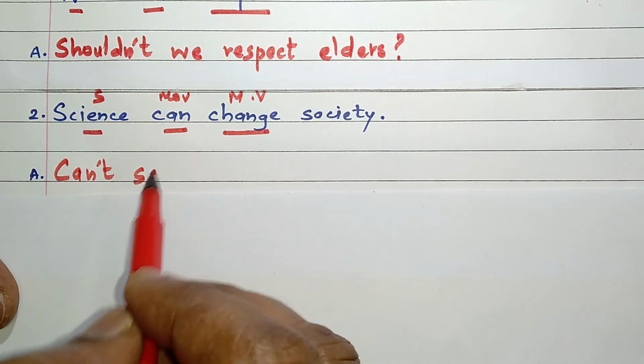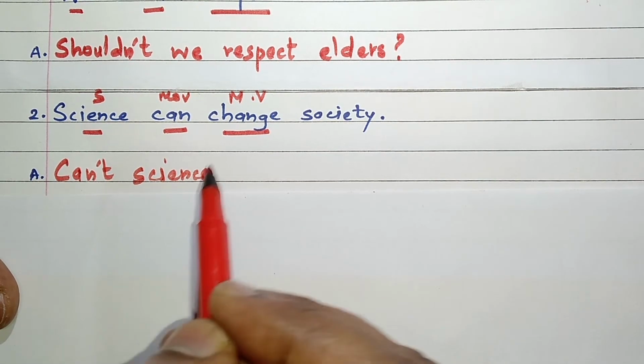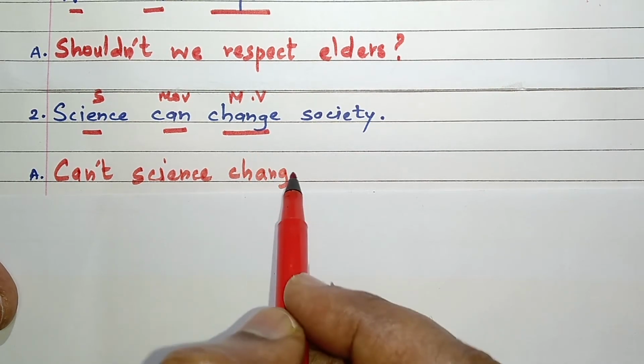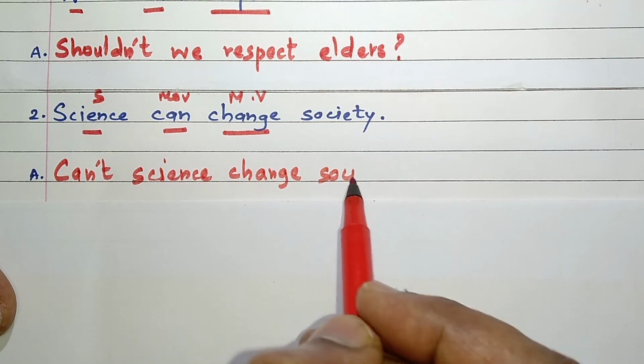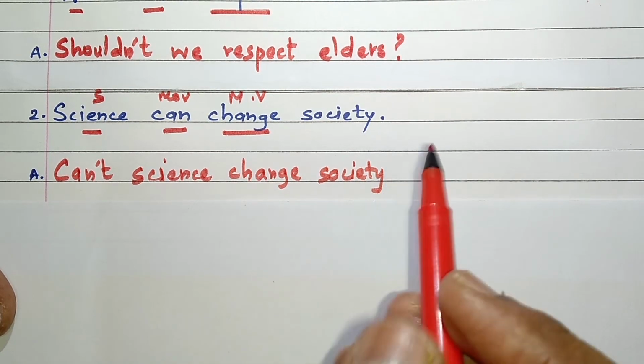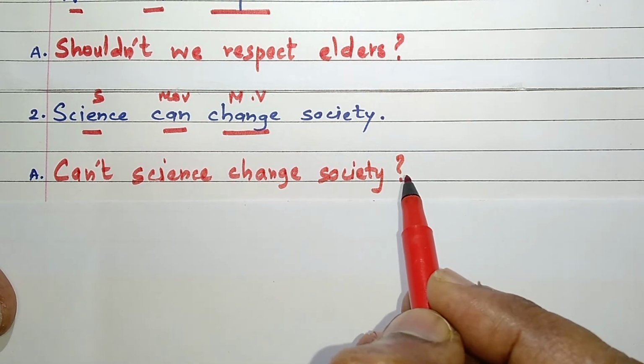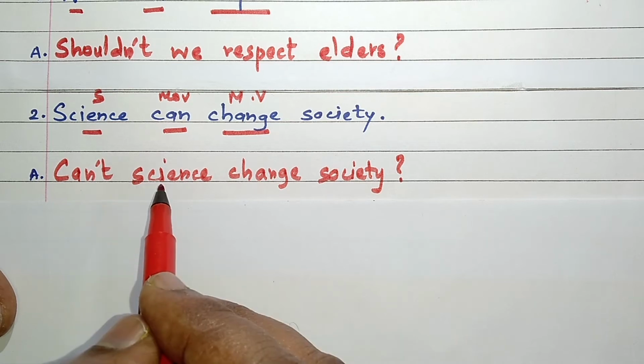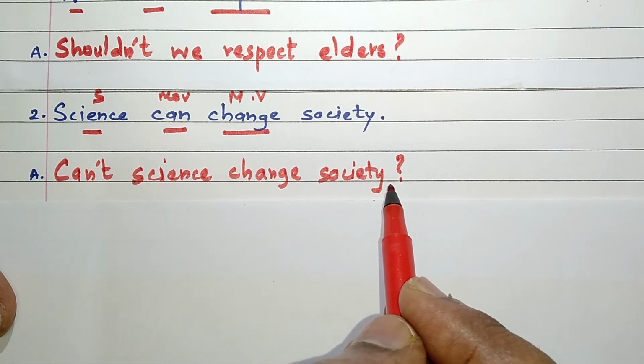Then the subject, that is science, followed by the main verb, that is change, and the remaining thing we will copy, that is society, and the question mark at the end. So our answer is, can't science change society?